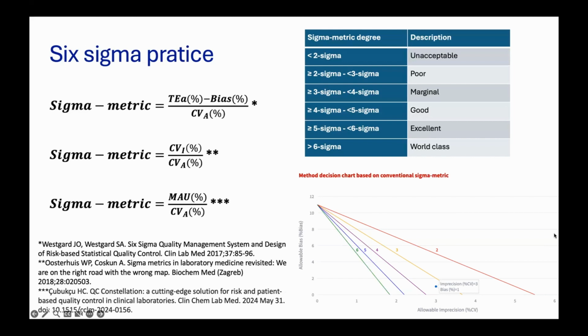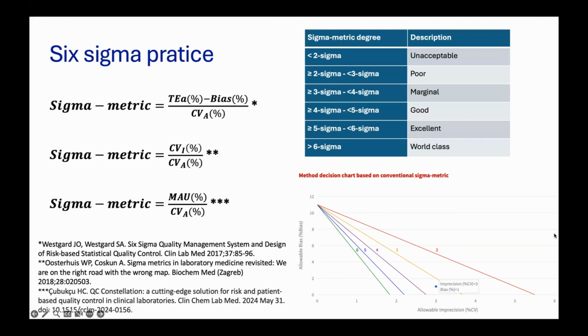The sigma metric can also be visualized using method decision charts. In these charts, the y-axis represents allowable bias and the x-axis represents allowable imprecision. The measurement procedure's imprecision, denoted as coefficient of variation or CVA, is plotted on the x-axis, and if applicable or if present, the bias value is plotted on the y-axis.